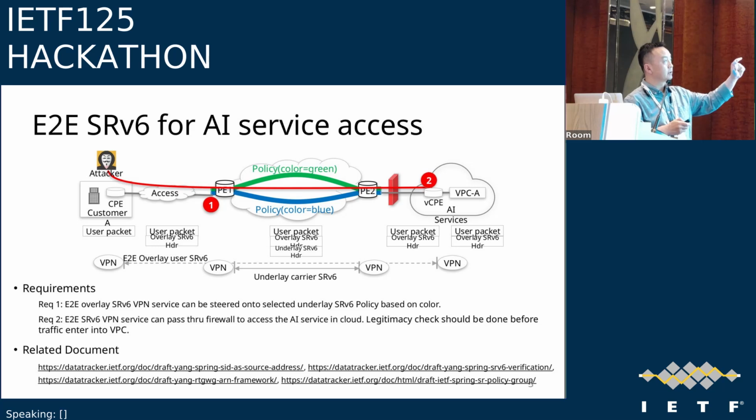The collaboration point is an ID which is subscribed by the user, and then it puts that ID into the packet, and based on the packet, the backbone network will steer the traffic onto the correct path that can provide the service guarantee. So that's what I want to show. Thank you.